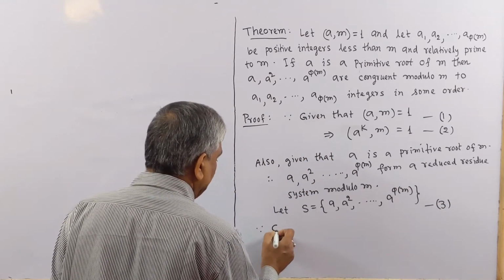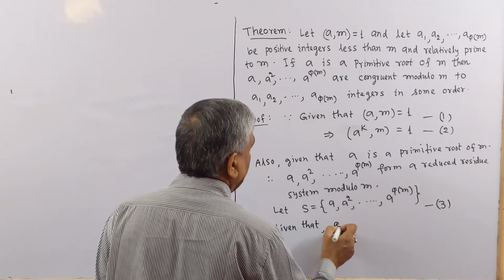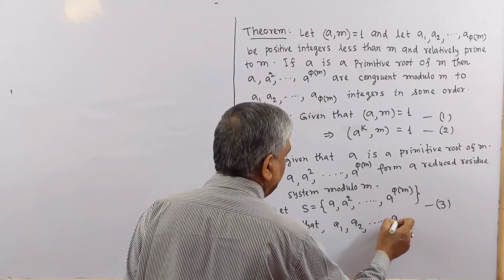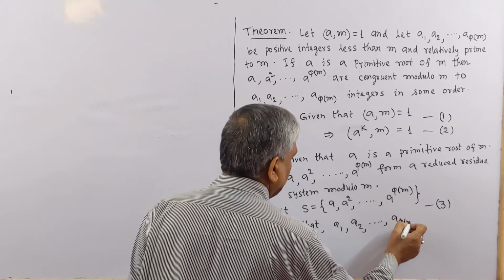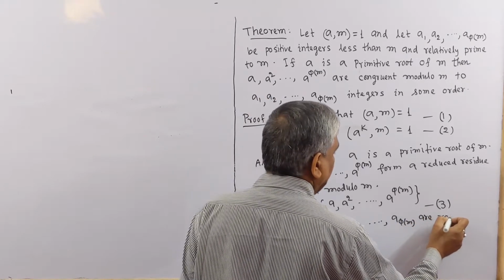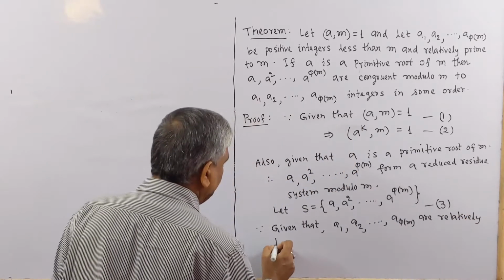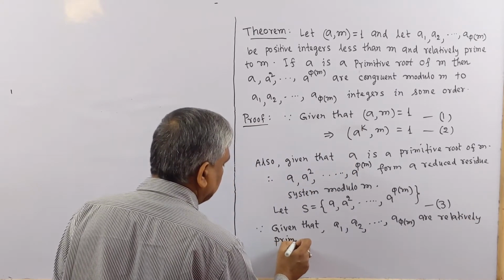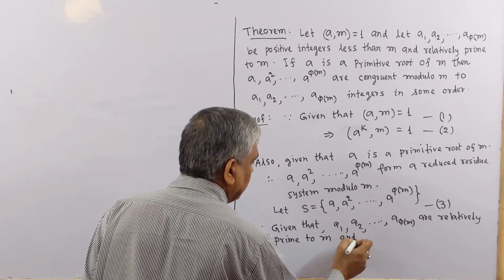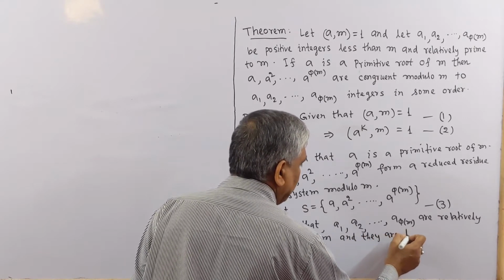Since given that a1, a2, comma, dot dot dot, a phi m are relatively prime to m and they are less than m.